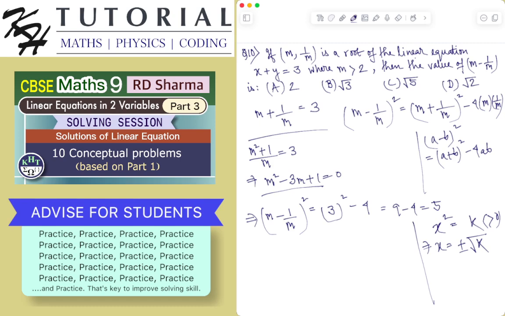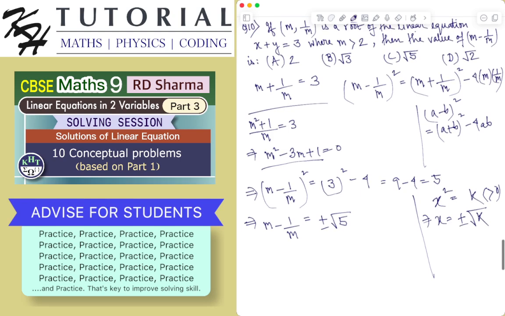Okay, so we can say that m minus 1 by m should be equal to plus minus square root of 5. But it is given that the value of m is greater than 2.